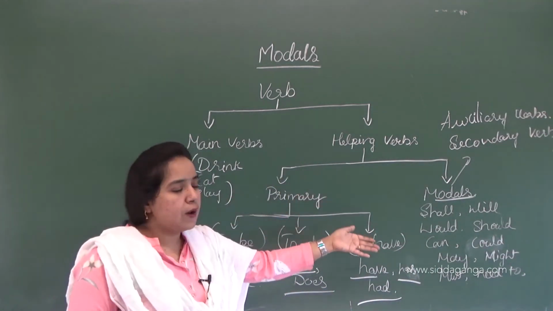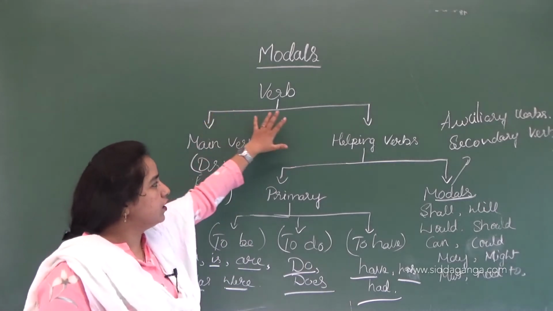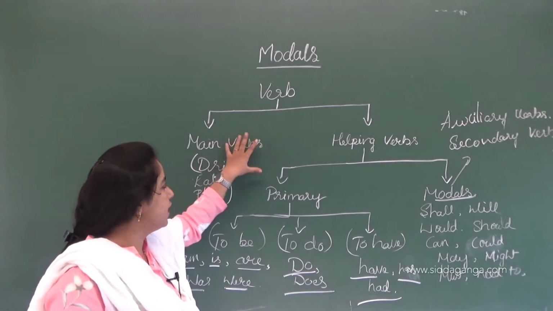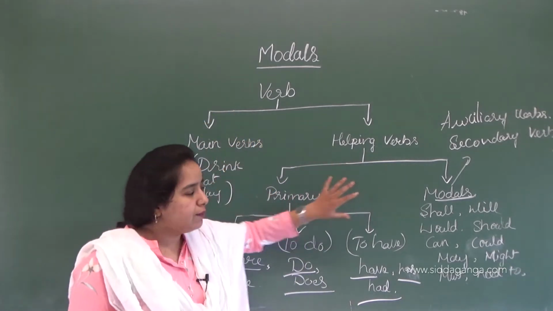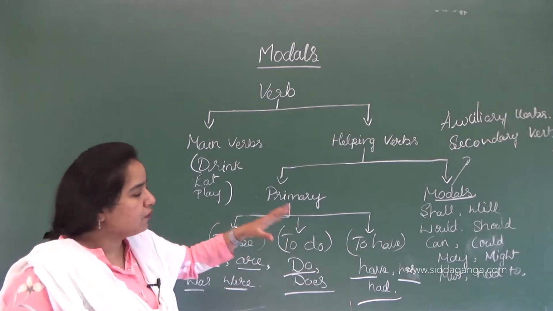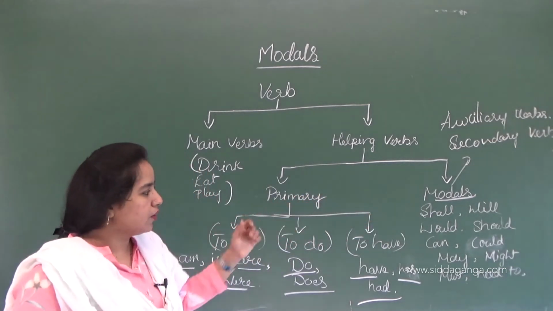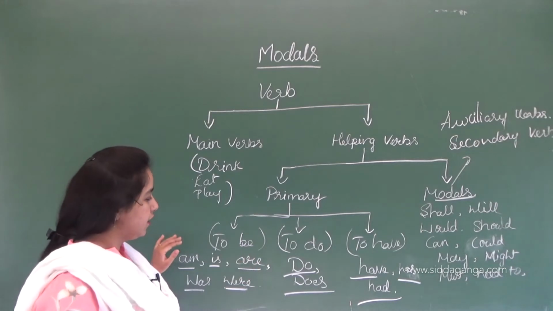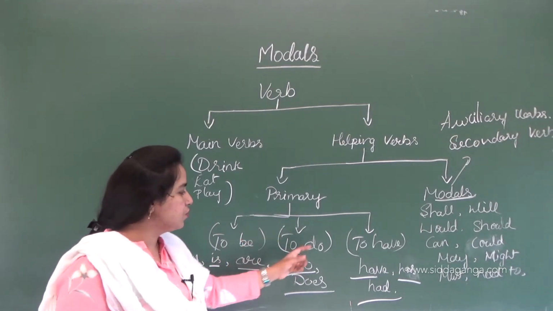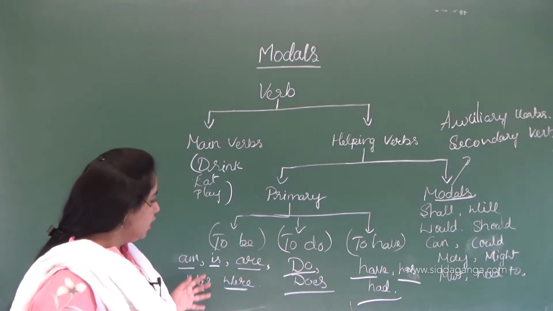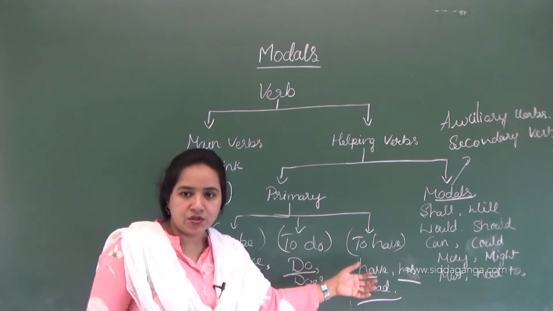First is the verb, then it is divided into two, that is main verbs and helping verbs. Again the helping verbs are divided into primary verbs and secondary verbs, that is modals. The primary verbs are divided into three: to be forms, to do forms and to have forms.